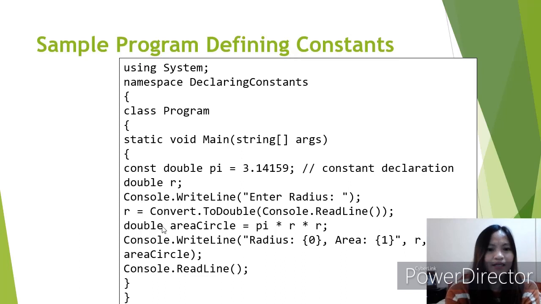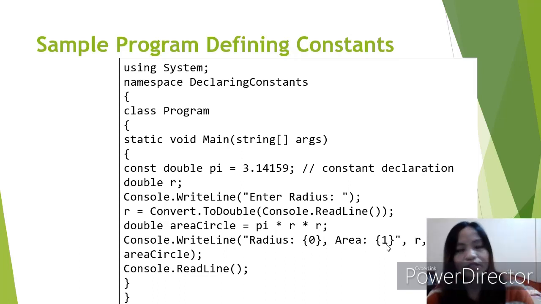And then this is the computation. This is an expression. Remember that statements and expressions end with a semicolon. And then we will display the radius and area. Here, 0 and 1 really start with 0 and then 1.